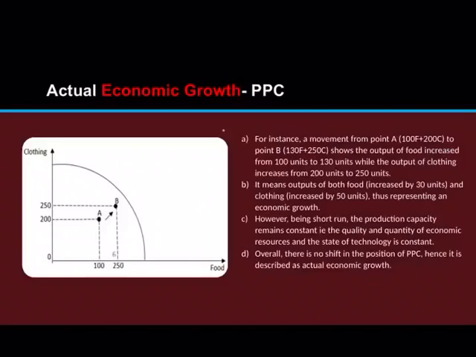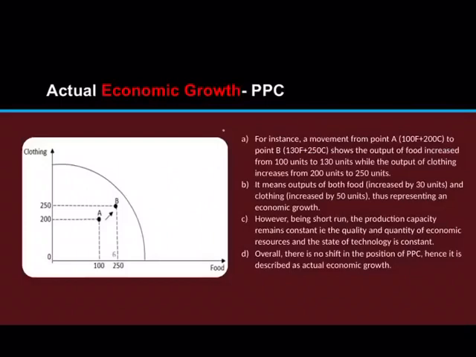Number two, there is no technological progress or improvement in the technology, because there's only one single PPC line. So I repeat, a single PPC means a constant level of technology as well as a constant amount of economic resources, and yet there is a certain level of growth.